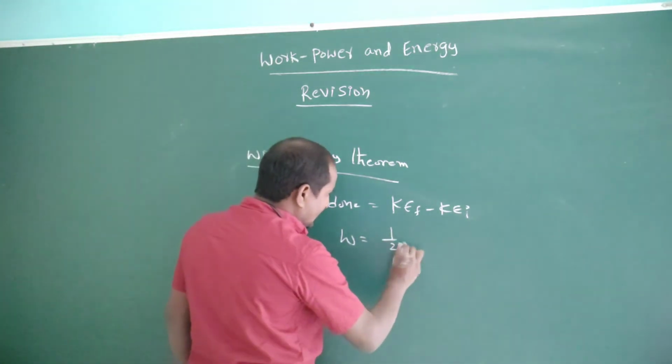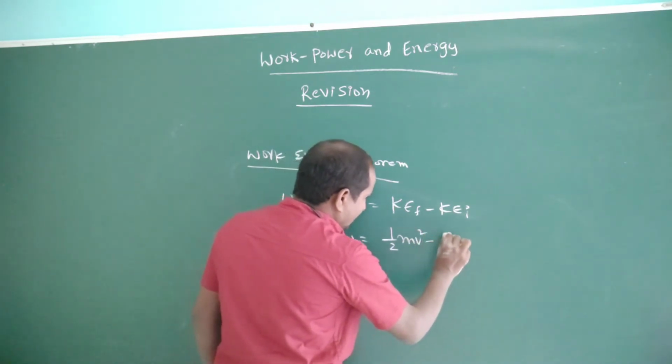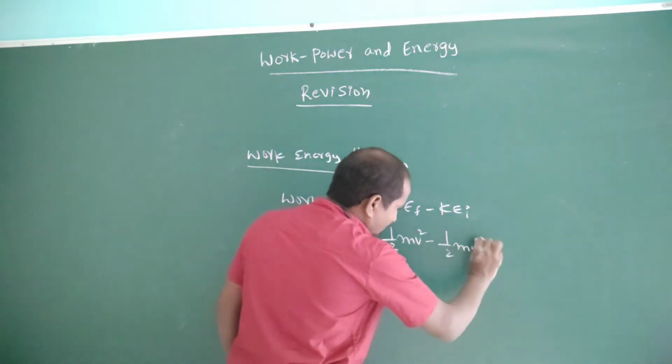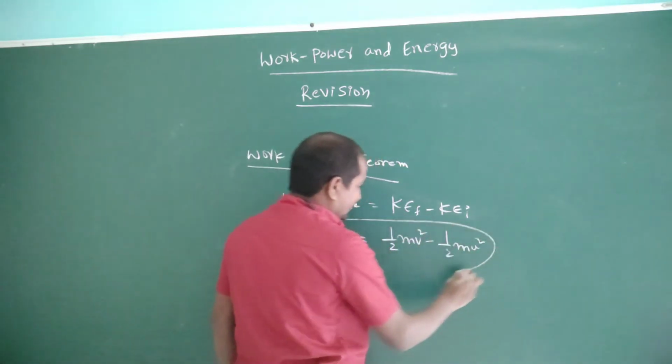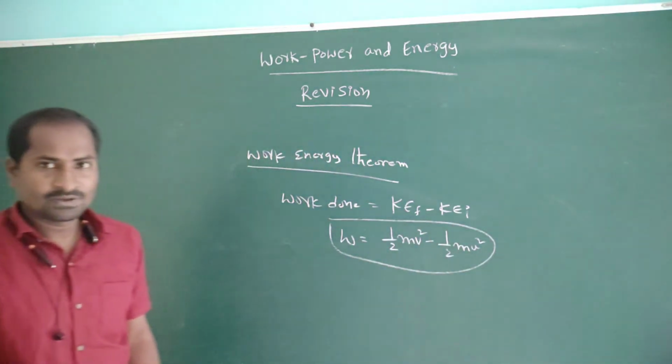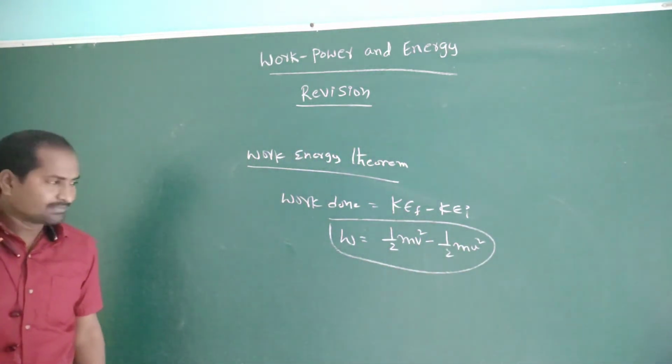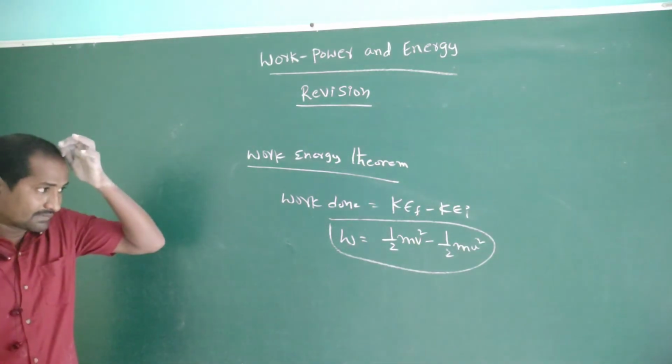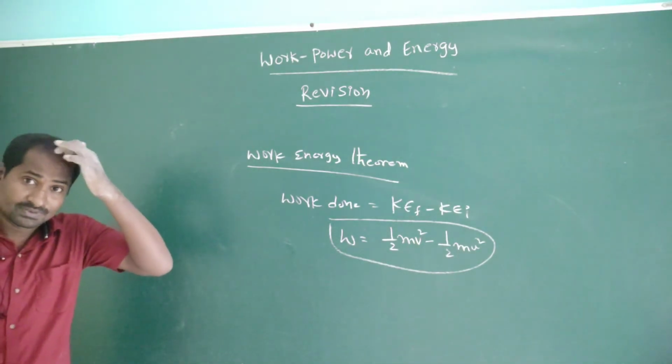That means half into m into v square minus half into m into u square. It is the work energy theorem formula. So work done equals half m v square minus half m u square.